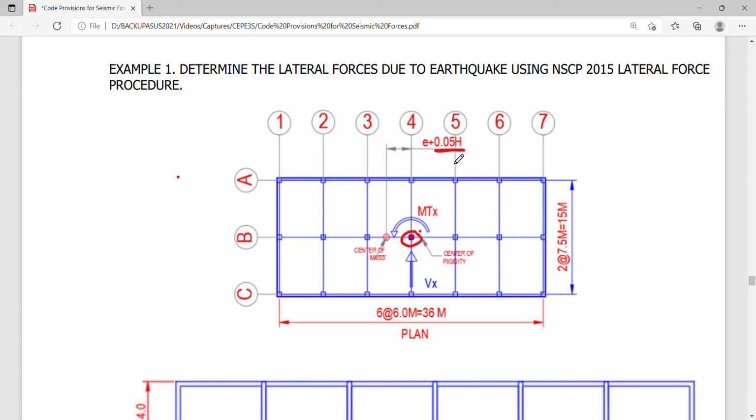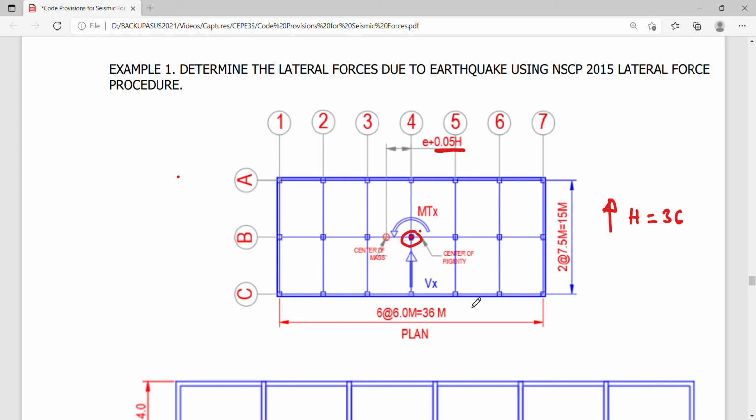So this is now 5% of your horizontal dimension based on the direction. Now, if we are looking at the movement of your frame in this direction, we will be considering your h as 36.